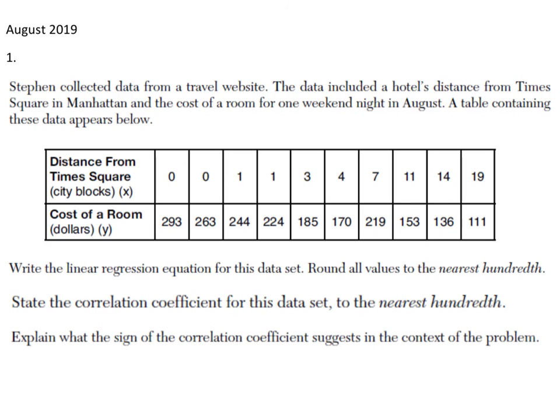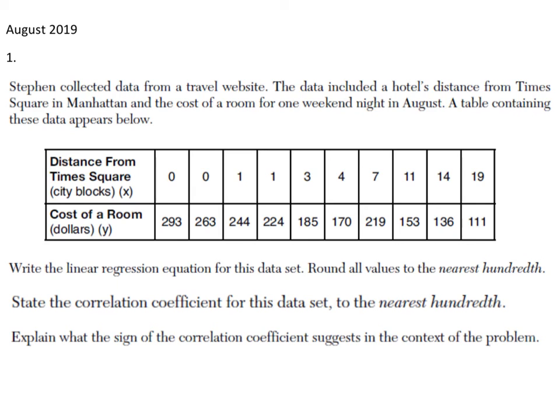We have this question. Stephen collected data from a travel website. The data included a hotel's distance from Times Square in Manhattan and the cost of a room for one weekend night in August. A table containing these data appears below. So distance from Times Square in city blocks is x, and cost of a room in dollars. So if you go away from Times Square, your cost is going down.